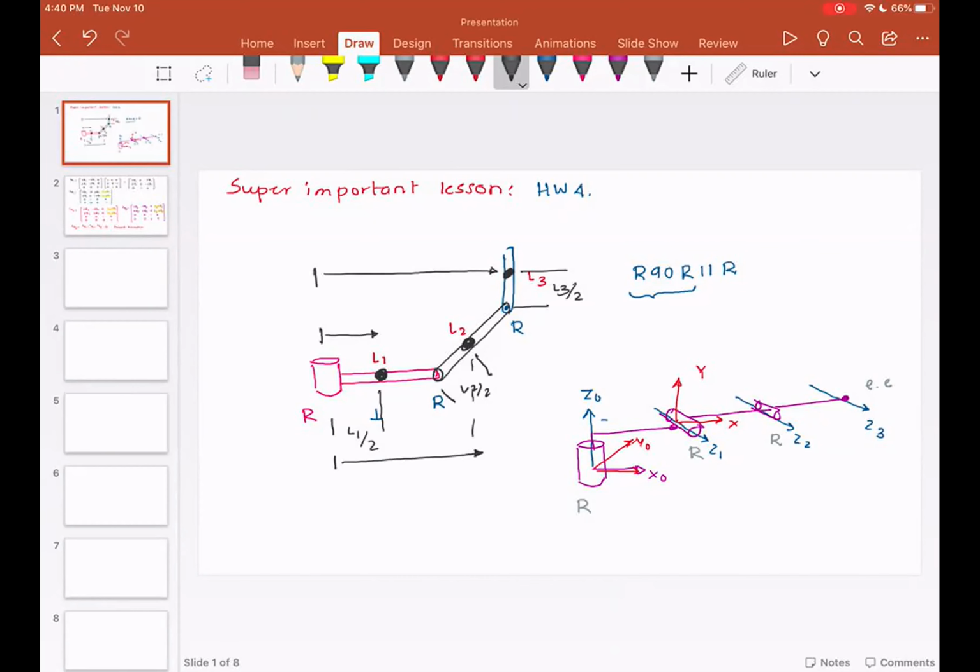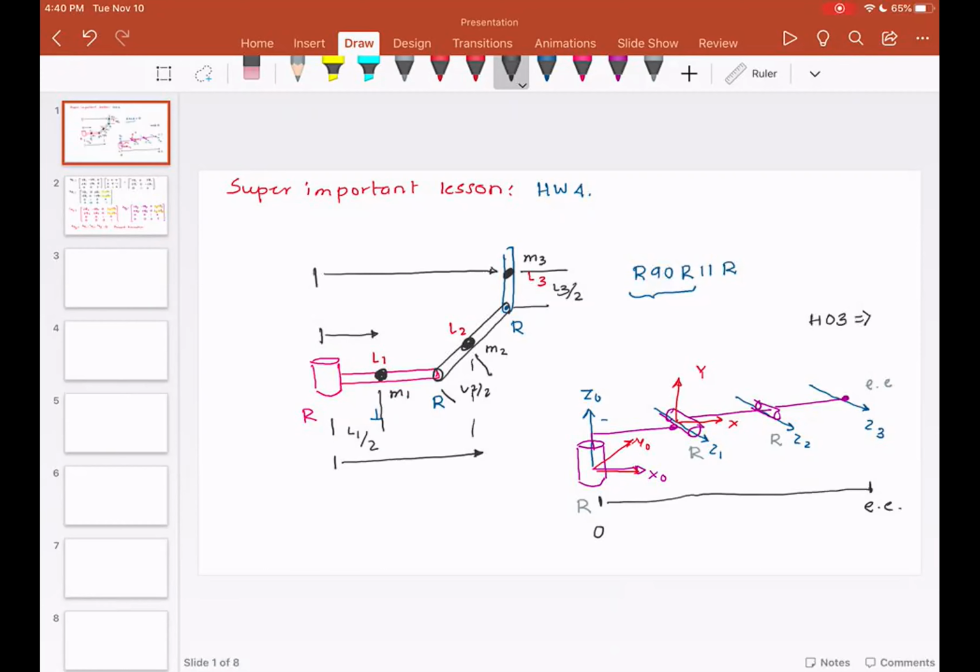So right now, if you look at H03, H03 gives you the total transformation starting from the 0th frame to the end effector. But when we are trying to find out the kinematics, we are interested in finding out the positions or the velocities of mass m1, mass m2, or mass m3.